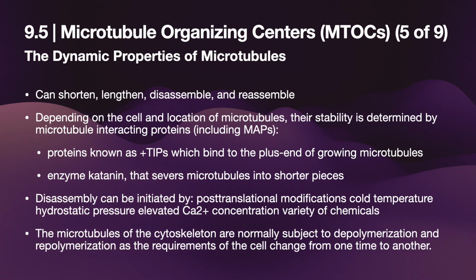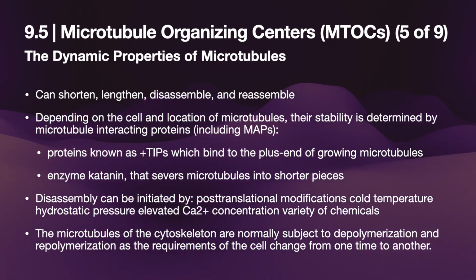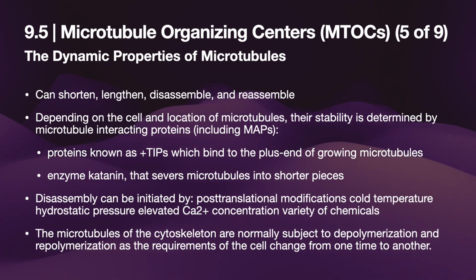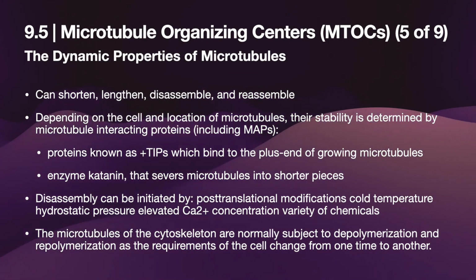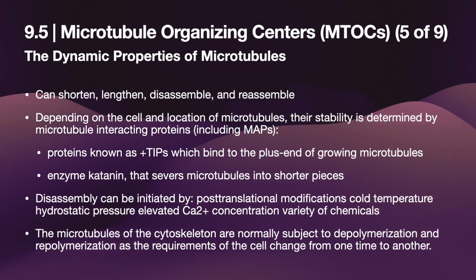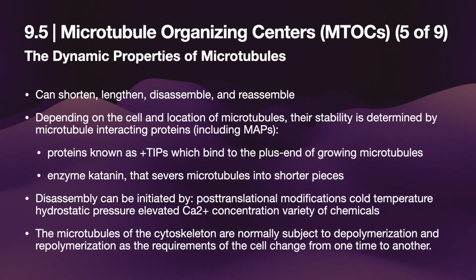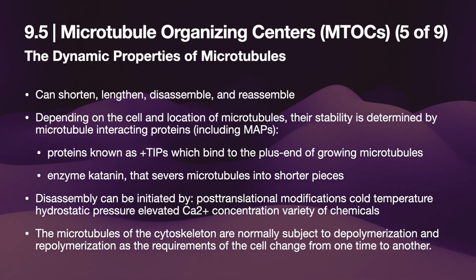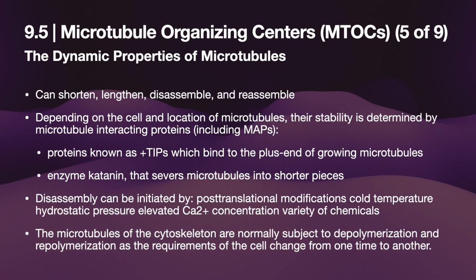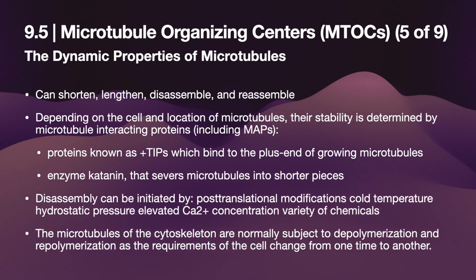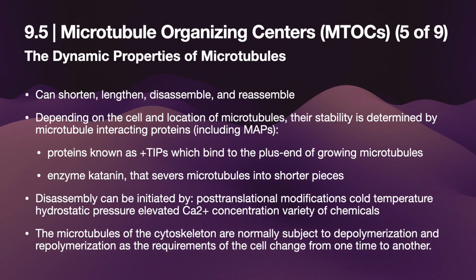What are the dynamic properties of microtubules? They can shorten, lengthen, disassemble, and reassemble. Depending on the cell and location of the microtubules, their stability is determined by MAPs. These include proteins known as plus tips, which bind to the plus end of the growing microtubules, and the enzyme katanin, which severs microtubules into shorter pieces.